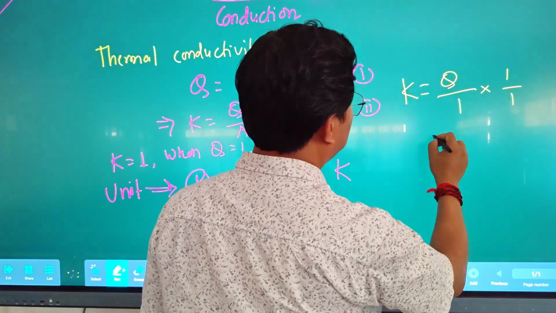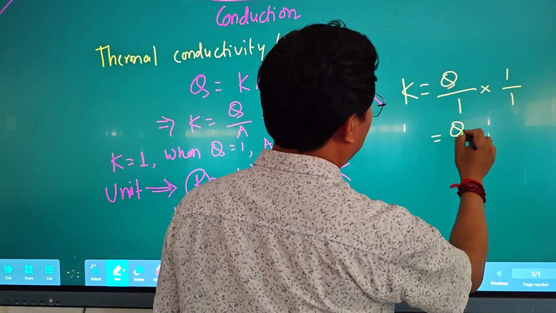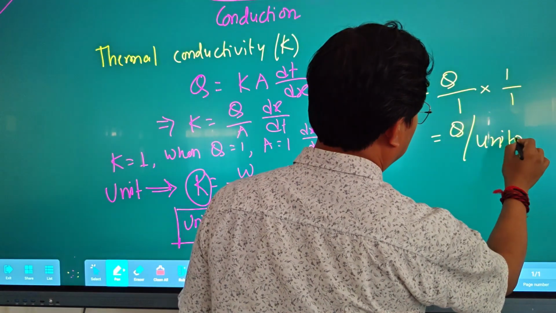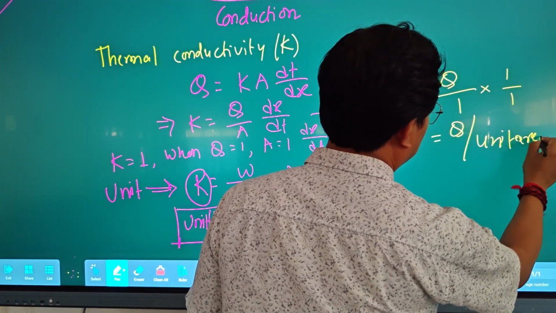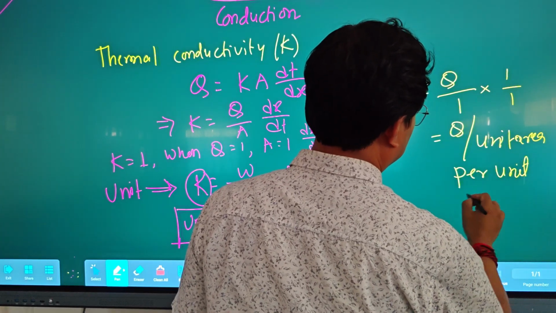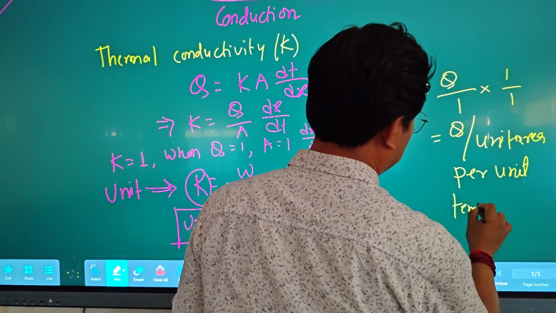Clear? So the Q, which is per unit area and per unit temperature gradient.